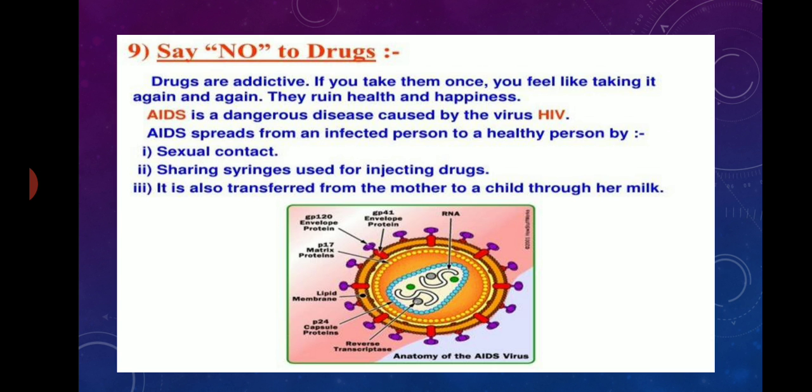And along with this, adolescence is a period of rapid cognitive, emotional and attitudinal changes. So this period has been denoted as a period of storm and stress.